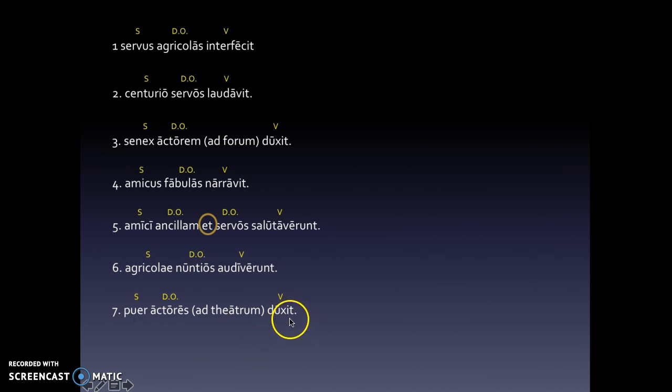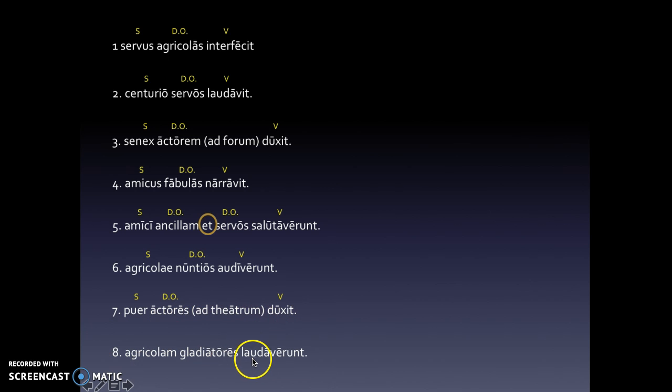Furthermore, our verb is singular. So in order for this to be nominative, and therefore the subject, we would have to have a plural verb. Plural subject, plural verb. Oh, no, we don't have a plural verb. We have a singular verb. So this can't be our subject. It has to be the direct object. It forces it into the other option. All right, so the boy led the actors to the theater.